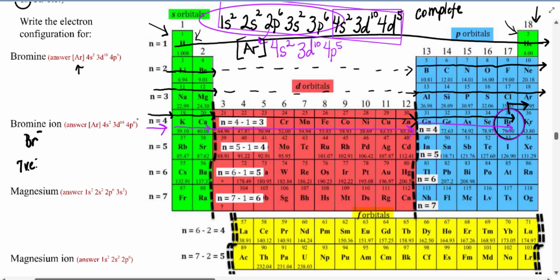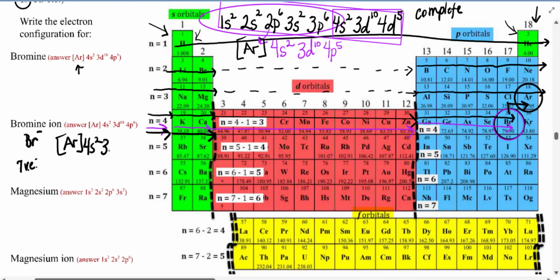So what you're going to do here is take your argon, because we're going to be lazy and not write the complete electron configuration. So we do argon, and then we start at n equals 4 and do 4s2, having gone through potassium and calcium.